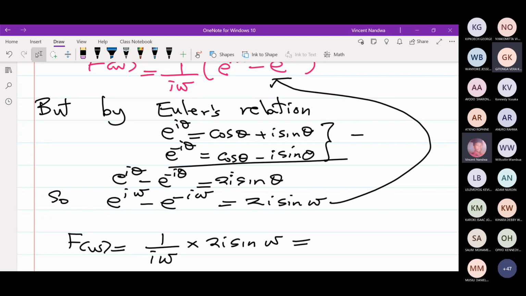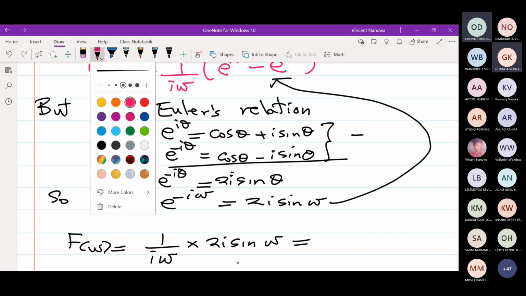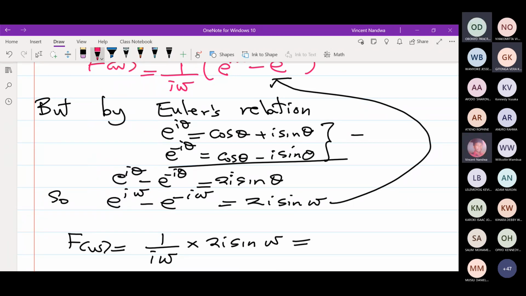So when you simplify that, you get 2 sine omega over omega. Correct. 2 sine omega over omega. So that's the value of the Fourier transform.